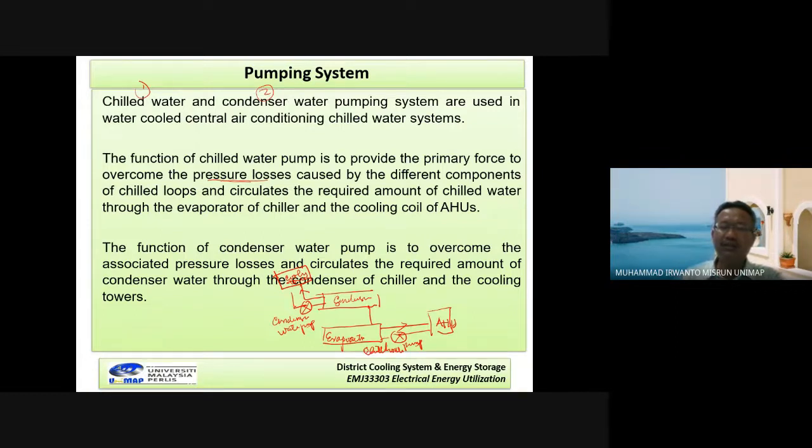Same, because the water here flows through this pipe, it produces friction losses. We want to discuss this in detail also.